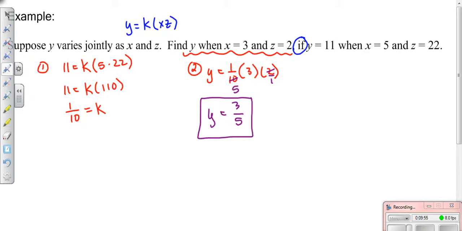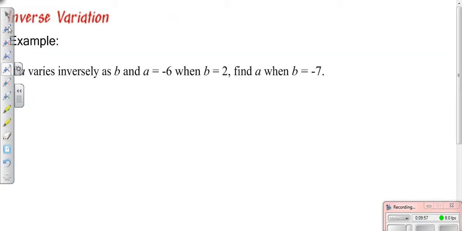Inverse. A varies inversely as B. So we're talking about the pattern usually is x, y equals k. So let's say that AB equals k.